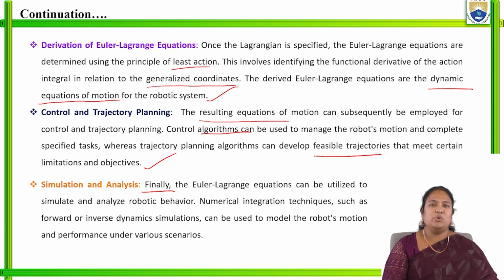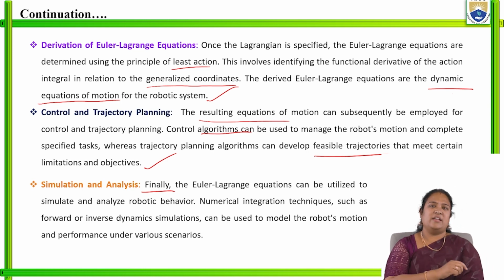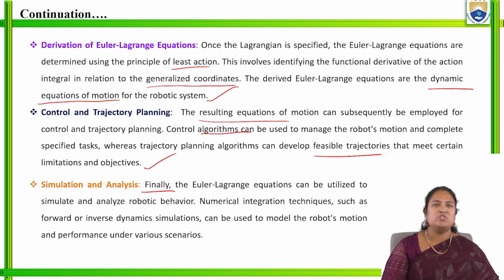The Euler-Lagrange equation will be utilized to simulate and analyze the behavior of the robot. It will be used to find out the robot's behavior, which will be done by simulation and analysis.